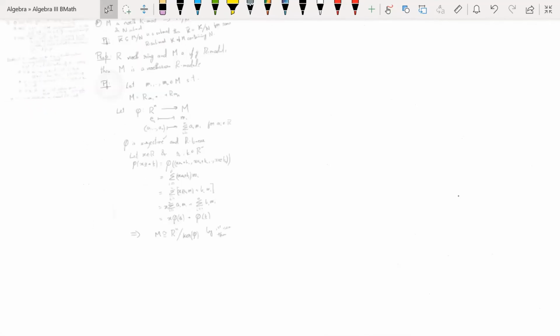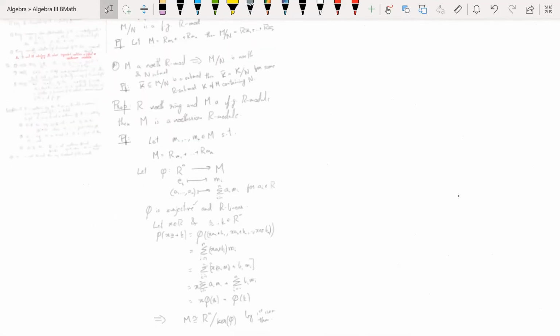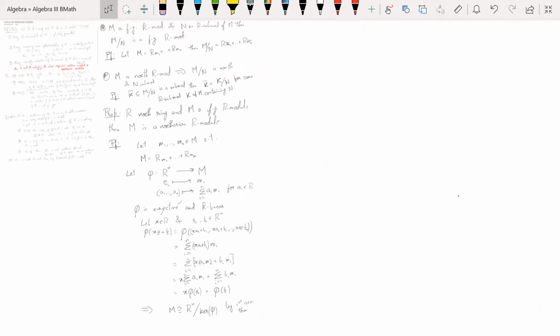By the observation which we made earlier, a Noetherian R module implies its quotient is Noetherian. So it's enough to show that R^n is Noetherian. Once we have that R^n is Noetherian, M being isomorphic to R^n mod kernel phi is automatically going to be Noetherian.